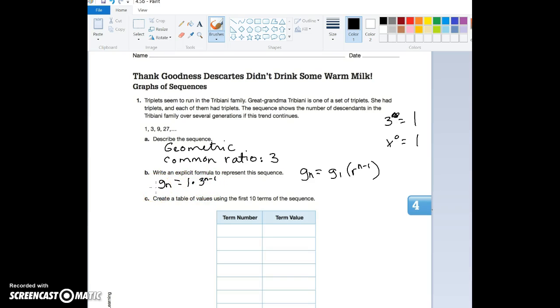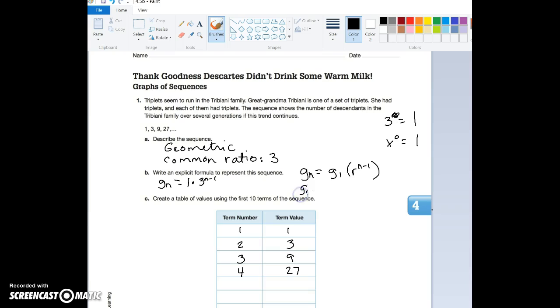Let's actually start creating this table. Term 1, the value is 1. Term 2, the value is 3. Term 3, the value is 9. Term 4, the value is 27. Well, let's see if we put term 4 in our little explicit formula, if it would work.